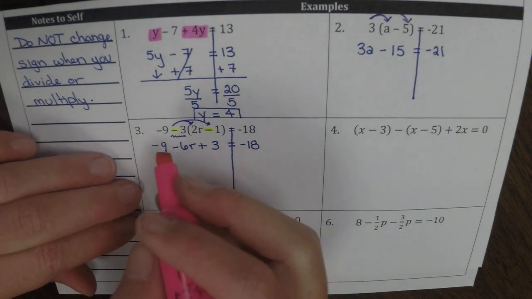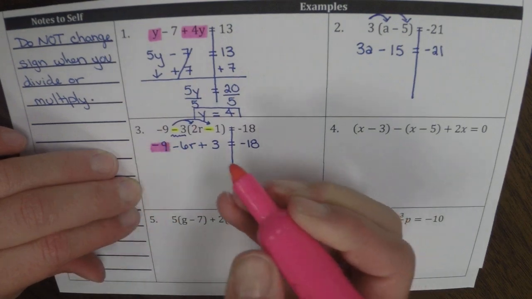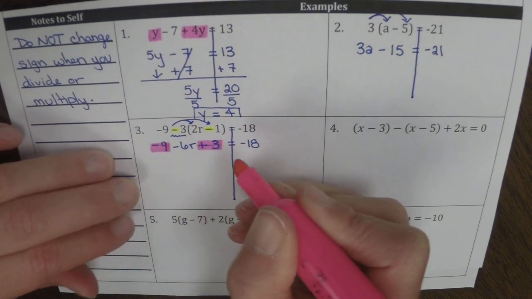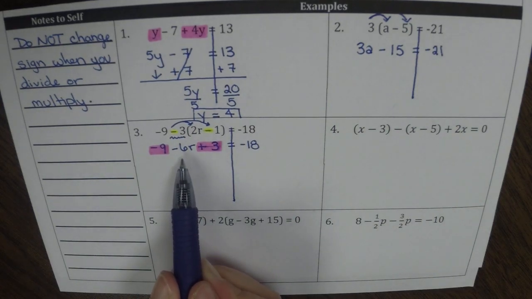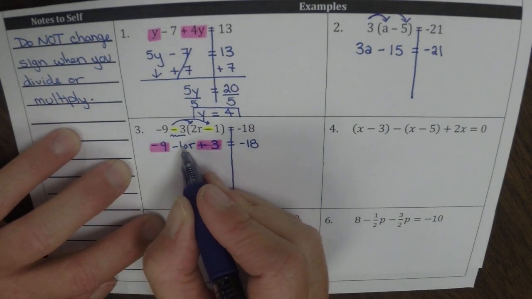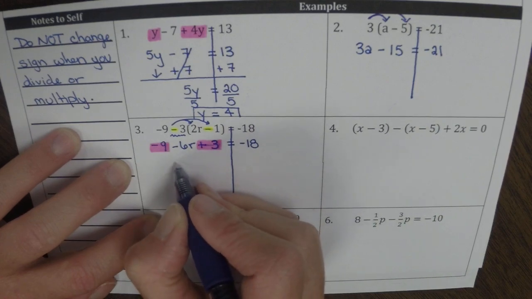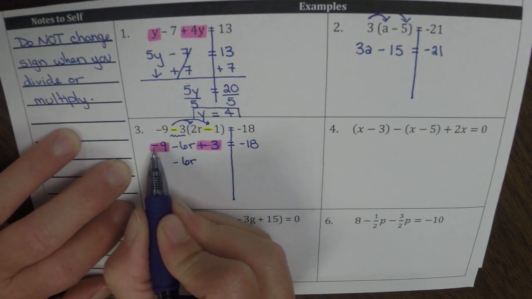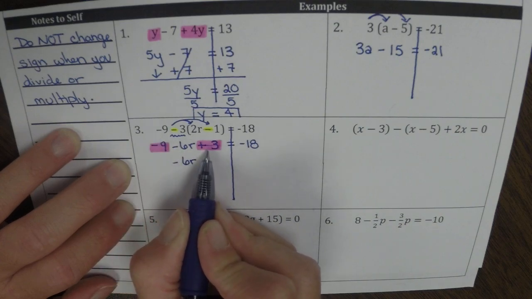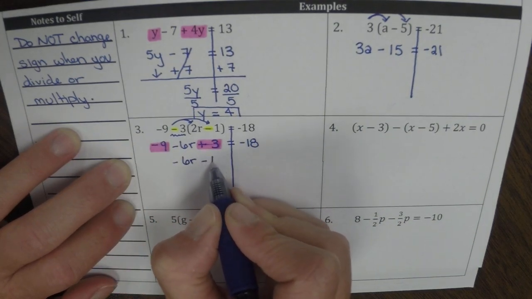I have the negative 9 that's going to go with the positive 3. And then I don't have another r. So just out of habit, I'm going to write the variable first. So minus 6r. Then if I do negative 9 plus 3, I get minus 6.